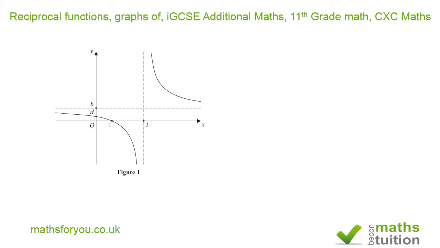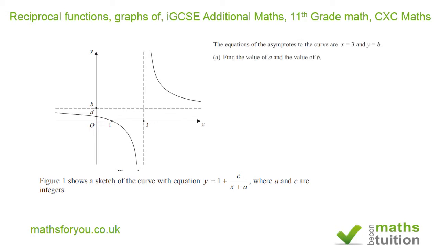Okay, so this is the question here, and it says figure 1 shows a sketch of the curve with equation y is equal to 1 plus c over x plus a, where a and c are integers. It says find the values of a and b, and the asymptote is x is equal to 3.